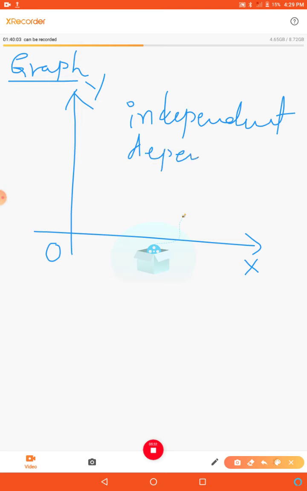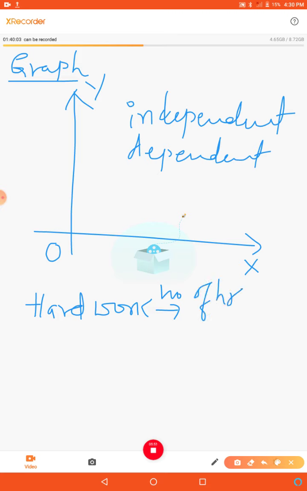For example, hard work, or the number of hours you study. This is one variable, how many hours you study in a day. The next variable will be the knowledge or marks that you obtain.